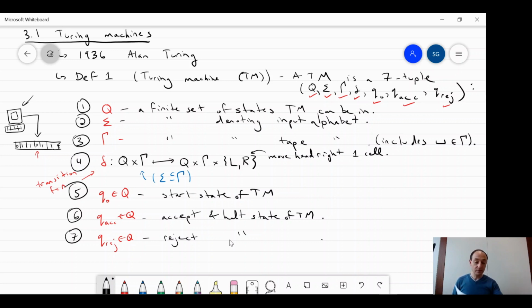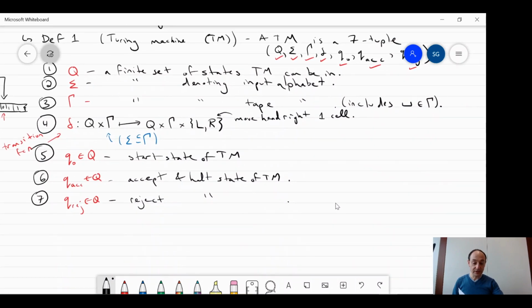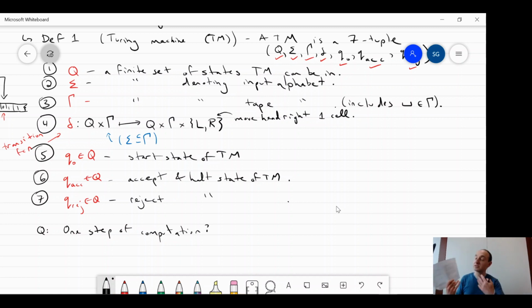Now that we have a formal definition of a Turing machine in hand, we have a notion of what one step of a computation is. We can formally define this. How do we define cost, if we're talking about the number of steps a Turing machine takes to solve a problem? One step contains three things. Number one, we read the current symbol under the head.